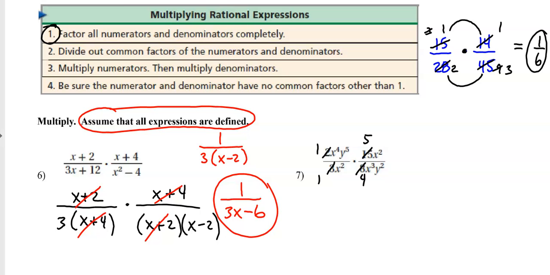Over here, these 2 x's cancel out with 2 of those. And if I look at my x's over here, these two are going to wipe out with 2 of those, so there'll still be an x left on bottom. When I look at my y's, these 2 y's cancel out with 2 of those, making it 3. So at the end of the day, I have my coefficients, 1 times 5.